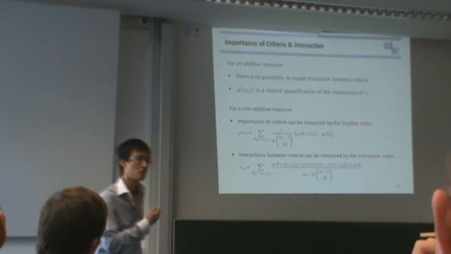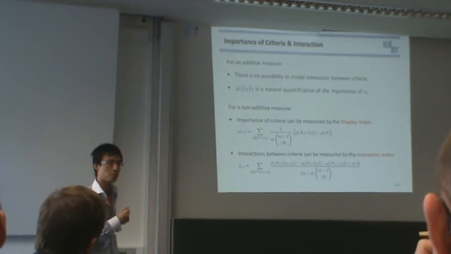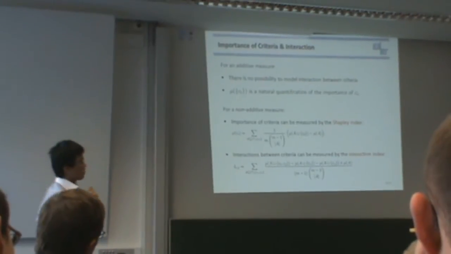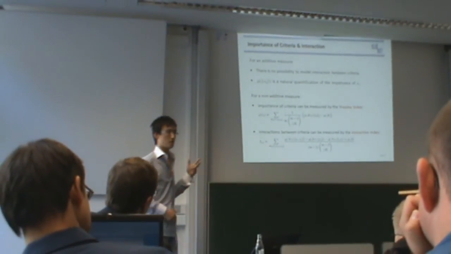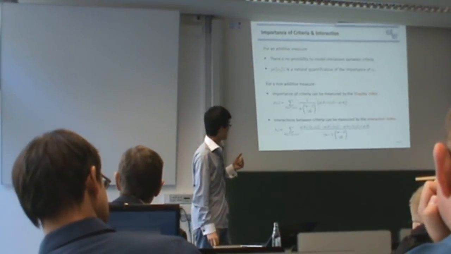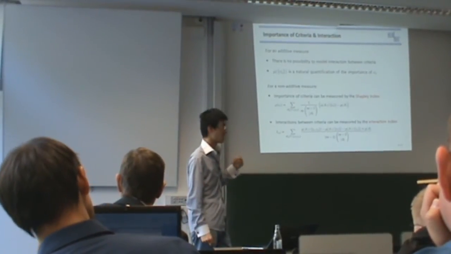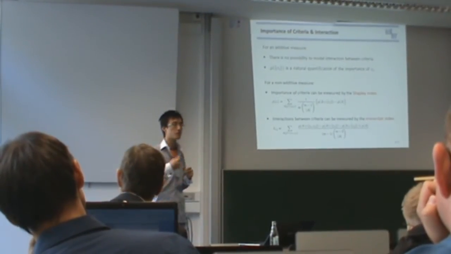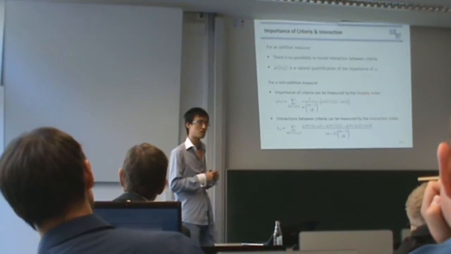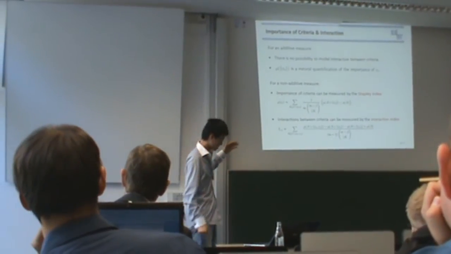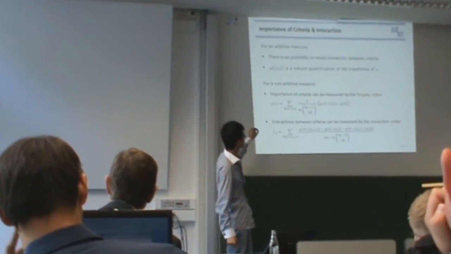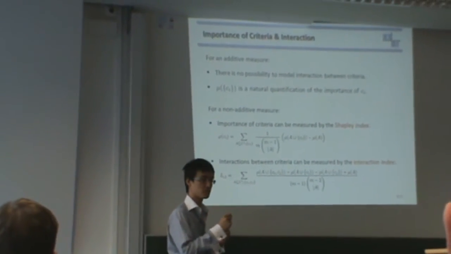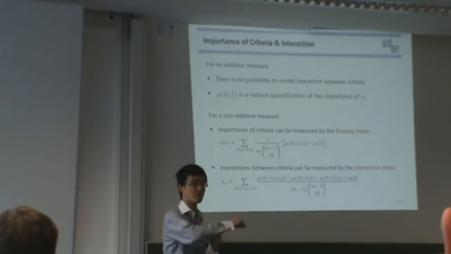On the other hand, for a non-additive model, things of course become much more complicated. I just want to briefly touch on two already introduced measures. First is the Choquet index and the interaction index. The Choquet index can be used to measure how important one single criterion is. I just want to give a very intuitive idea: the basic idea is to measure the average increase in importance when I add this criterion into another subset.